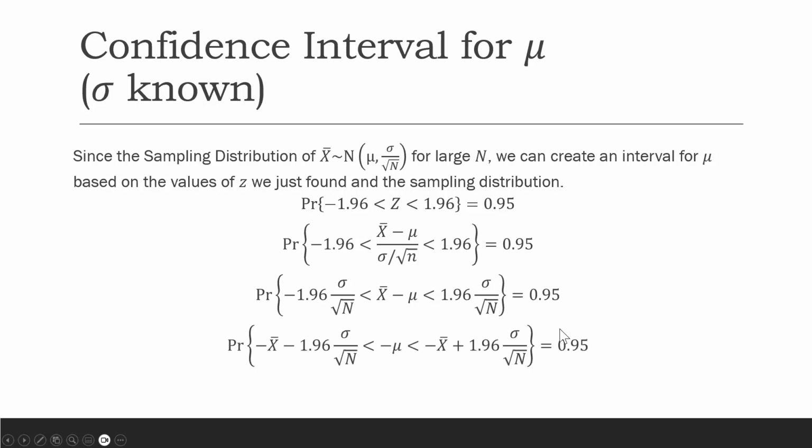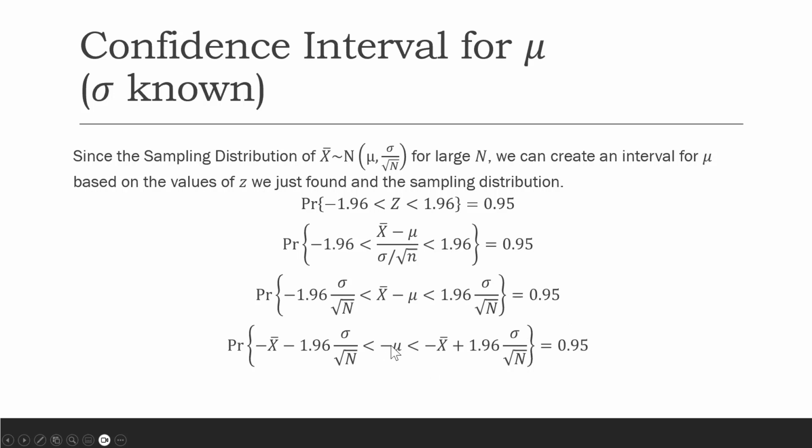And I just wrote my x bar first because that's how it's going to appear in my interval. So notice I have a negative x bar here. So I've subtracted it on this leftmost piece of my inequality. When I subtract x bar from this part, the x bars are going to cancel and I'm left with negative mu. When I subtract it here, I just wrote it first. So I have a negative x bar plus that 1.96 sigma over the square root of n.